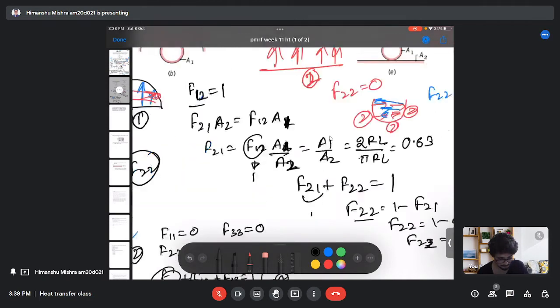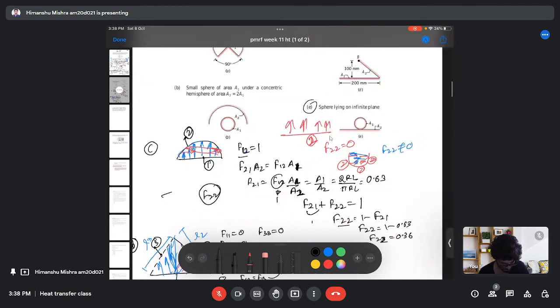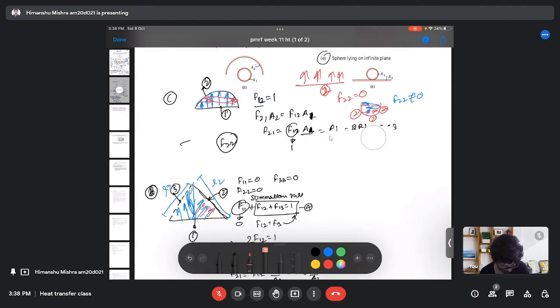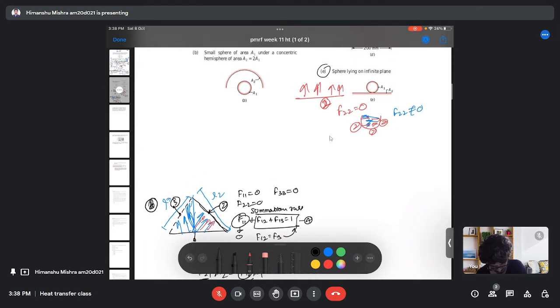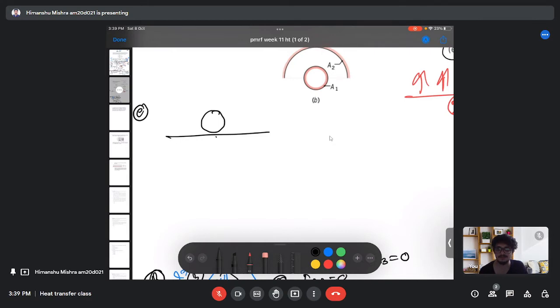So let's look at the last shape, E. In the last part of the problem, we have a flat surface and there is a ball which is capped at the surface.